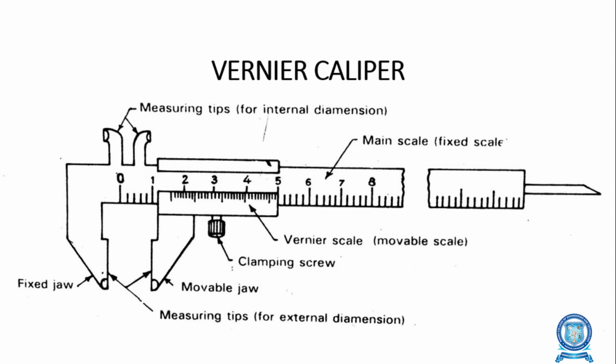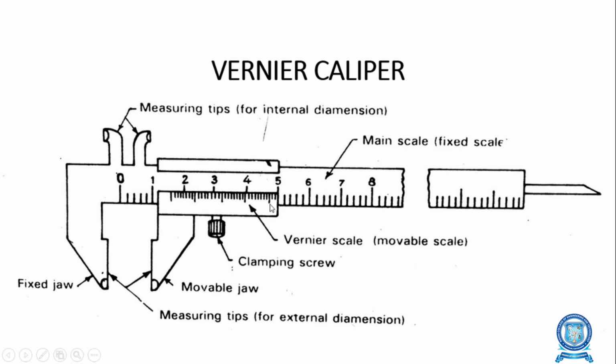Before starting the measurement, we should ensure that the scale is checked to 0. We should check that the scale is set to 0 and the two measuring jaws are in contact with each other.